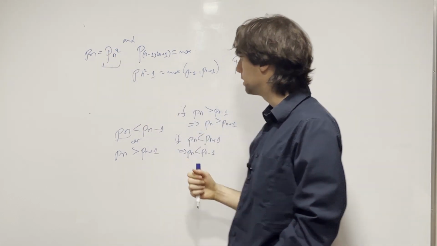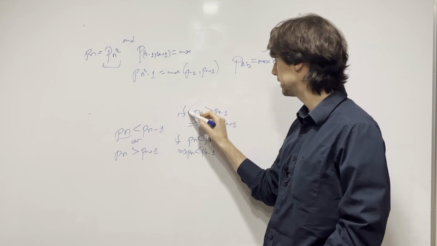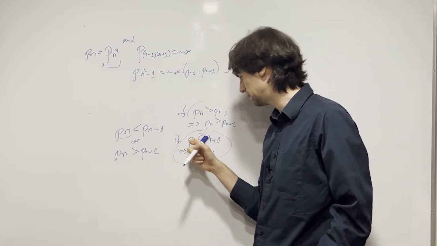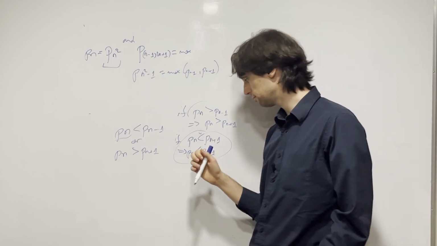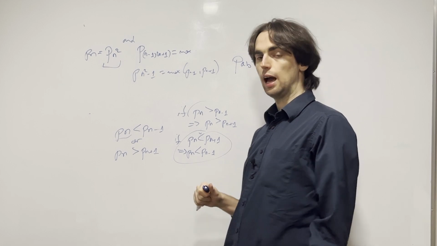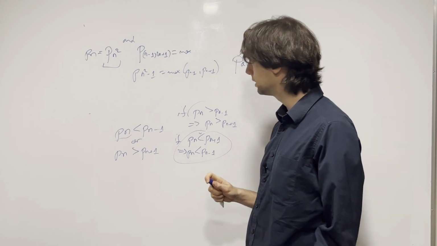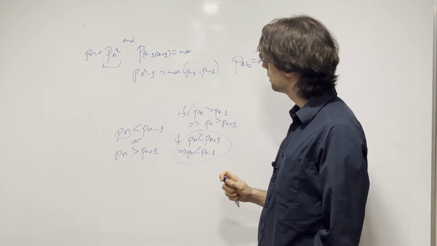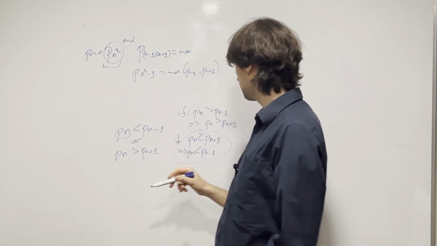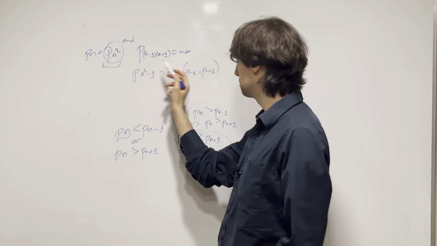So what would that mean? Well, say the second case happened, if p of n was less than p of n plus 1, then p of n would also be less than p of n minus 1, and so this thing right here is going to be less than the max here.